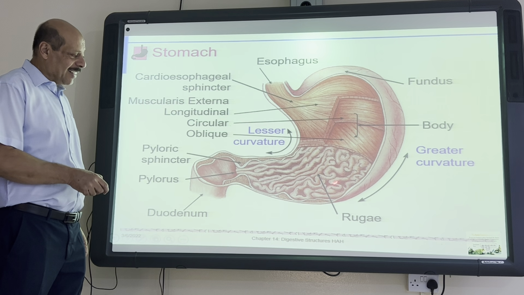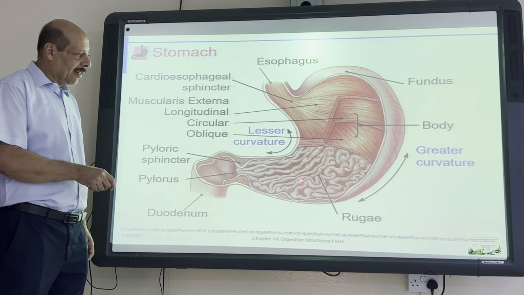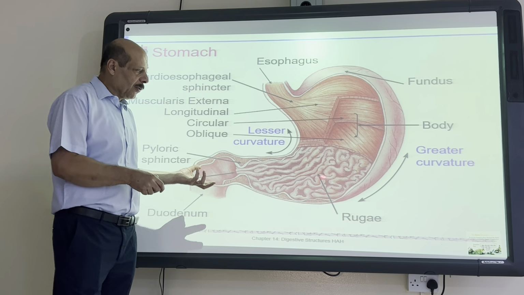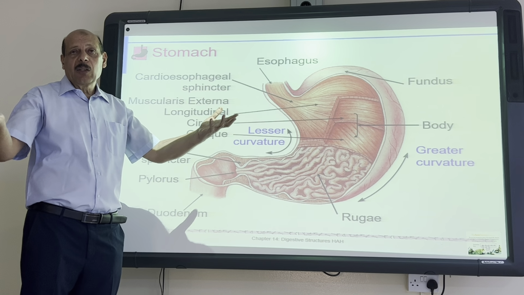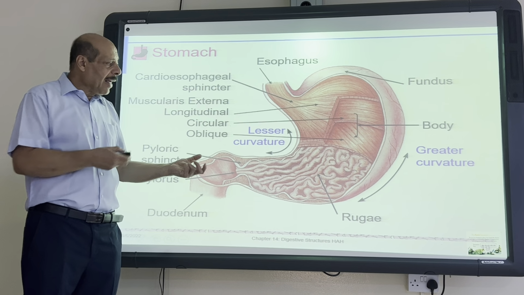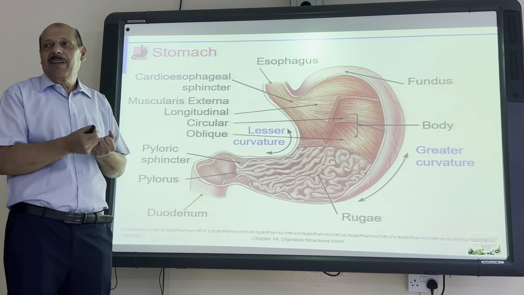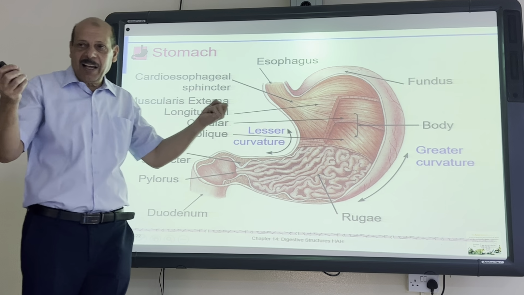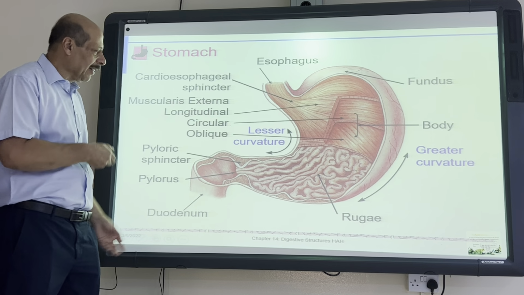Those rugae, see here the fold, are present for many purposes. One of them is that the surface area will be more. The other is that it will lead to squeezing the food more when the contraction and relaxation of the stomach is happening, and it will lead to digestion.